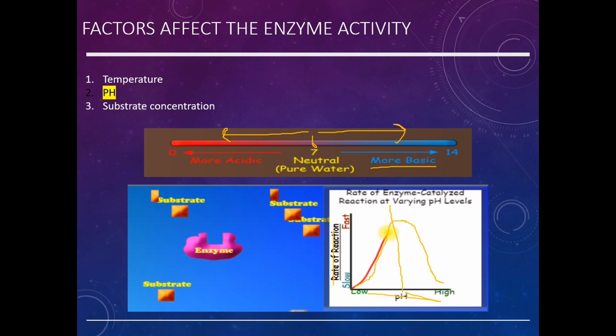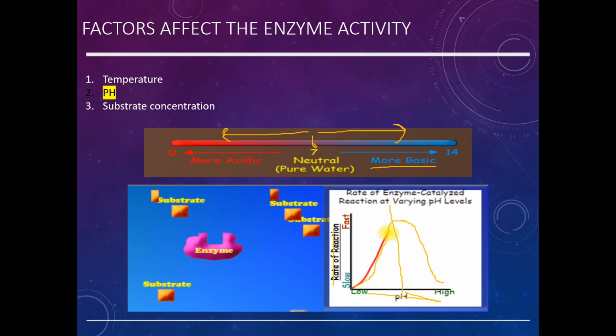What is the meaning of denaturating? The same as temperature, the shape of the enzyme, the active site, will not be the same, it will change, so the enzyme will not function, because the enzyme shape will not fit the active site shape.